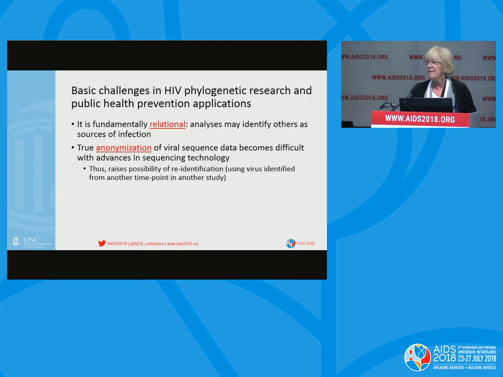But I think it's obvious, as you've listened to these talks, that the basic challenge in HIV phylogenetic research, and in the kind of research which really focuses on the targeting of individuals through these new technologies, is relational. It's not just about an individual, it's about an individual and partners, and it may also be about an individual living in a community.